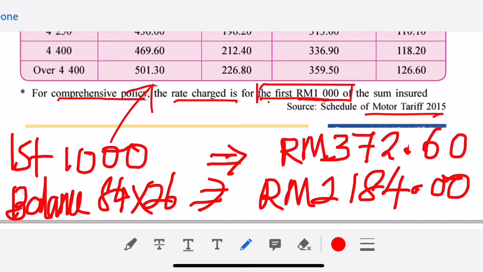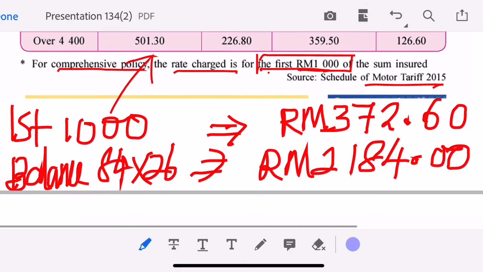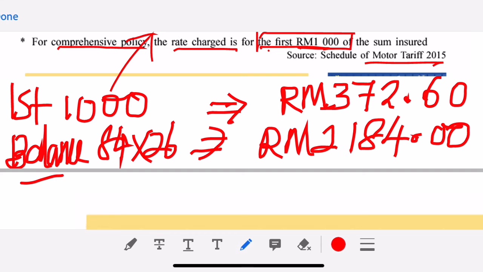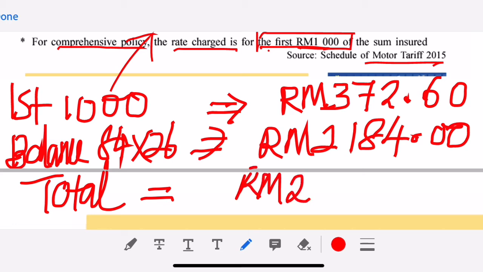So if you add on the total, this is actually the gross premium. We just add 2184 with 372.60, and we will get the answer, which is 2556.60.